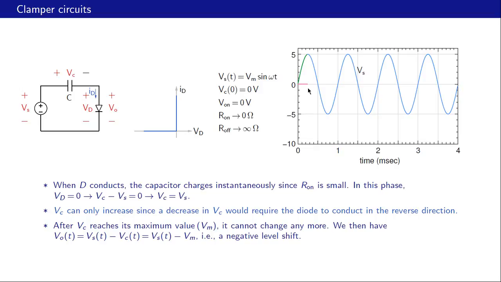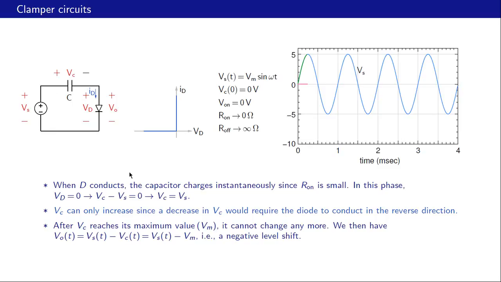Now in the beginning, our capacitor voltage is 0 and Vs starts increasing over there, and since Vs comes across the diode and that is a positive bias, the diode starts conducting and therefore the capacitor starts charging.